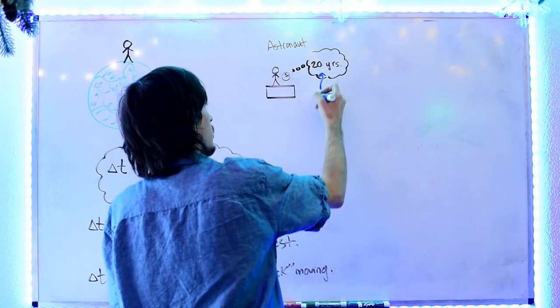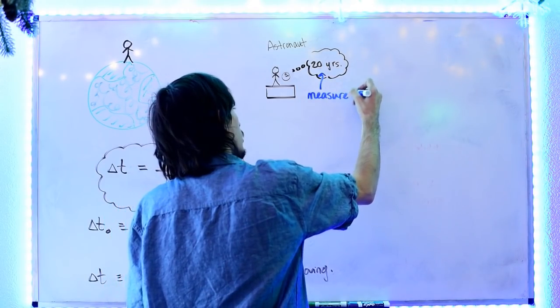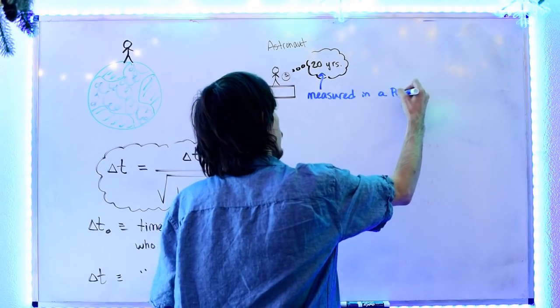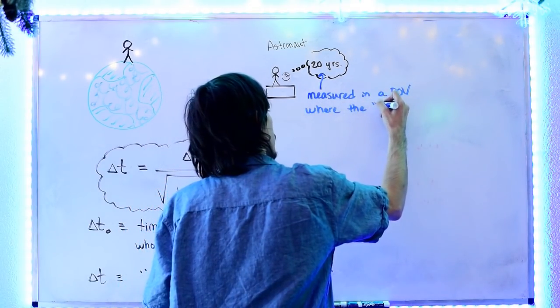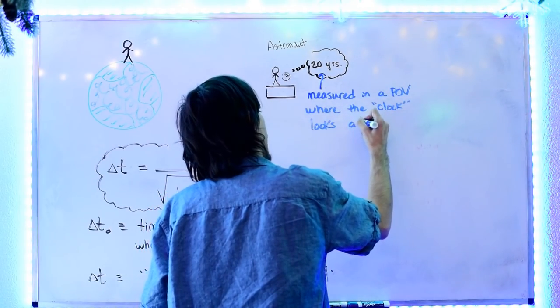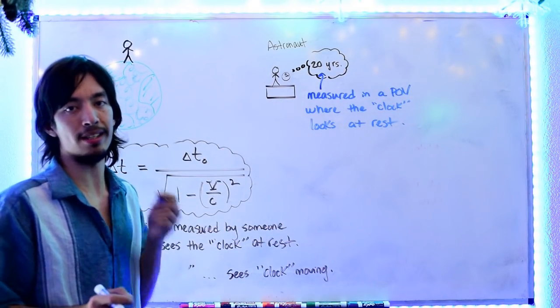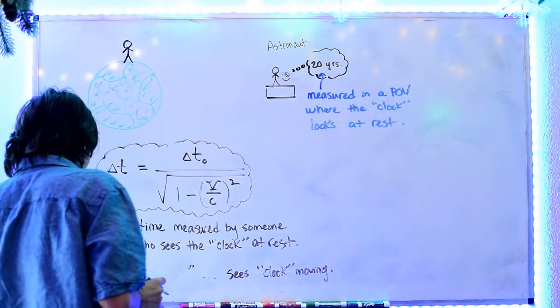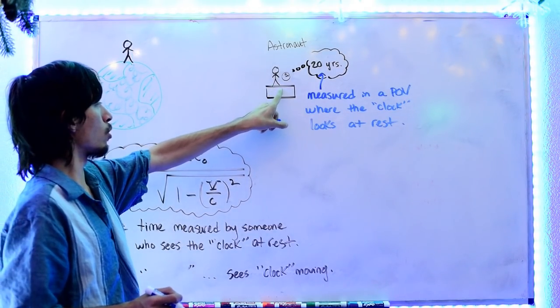This time is measured from a point of view where the clock looks at rest. The astronaut sees the clock at rest. On the other hand, the person standing on Earth watches the whole thing.